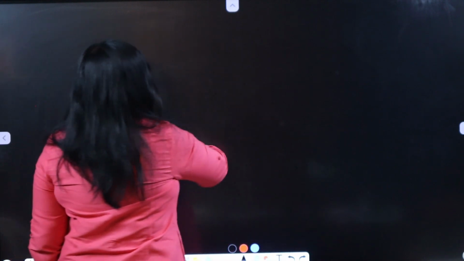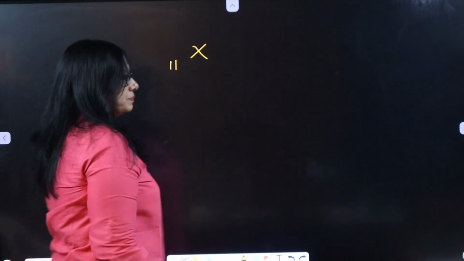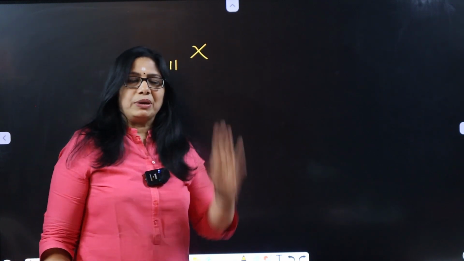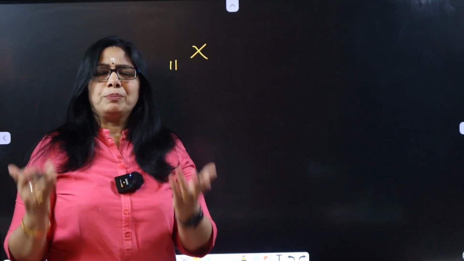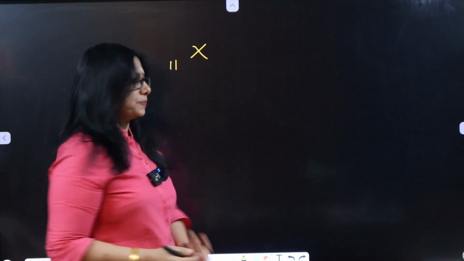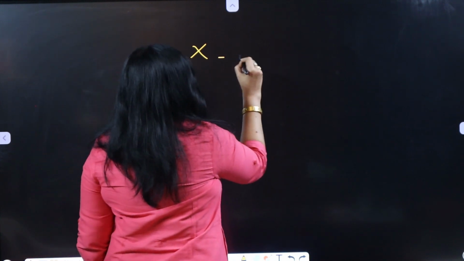Let us take the element with atomic number 11. I'm not writing which element it is. Let's find out which block, period, group, etc. it is. First of all, let us write its electronic configuration.